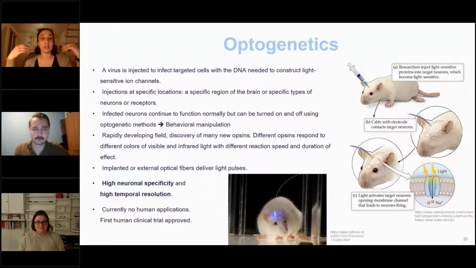And this virus targets specific cells or a specific brain region, and it constructs ion channels that are light sensitive. So basically, using light, we can either turn on or off the neurons having those ion channels.